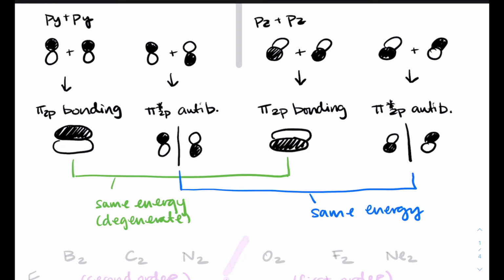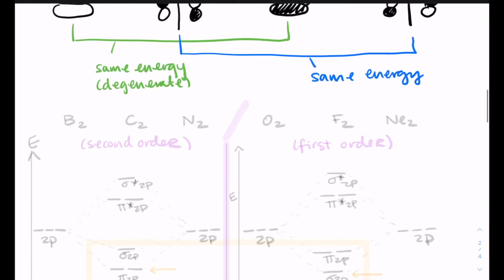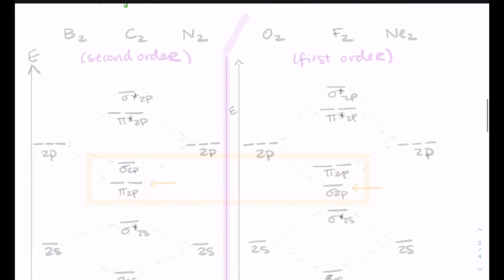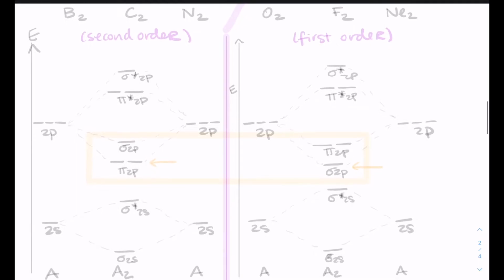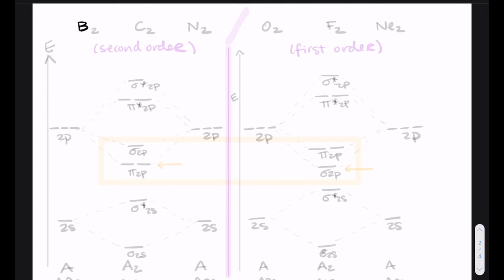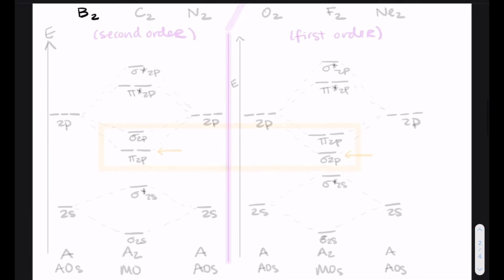What this means is we can put together MO correlation diagrams for the homonuclear diatomics across the second row. We're not going to go below the second row for MO theory, so that's a good thing, I guess.